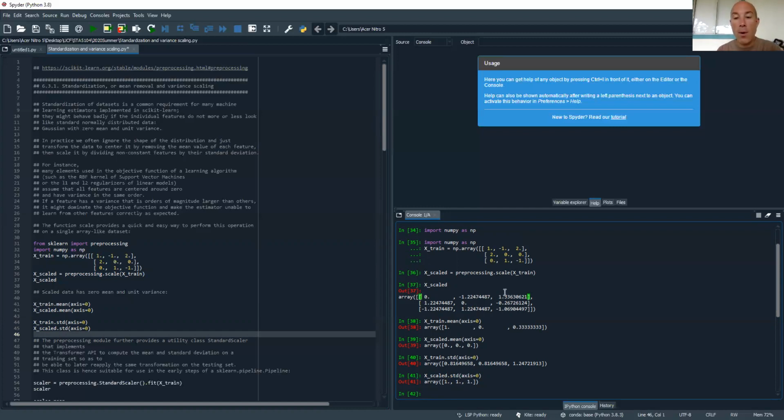And here, if I compute the standard deviation of 0.13, -0.2, and -0.11, I would get a standard deviation of 1. All right, so this is a better version of the data for certain model building.